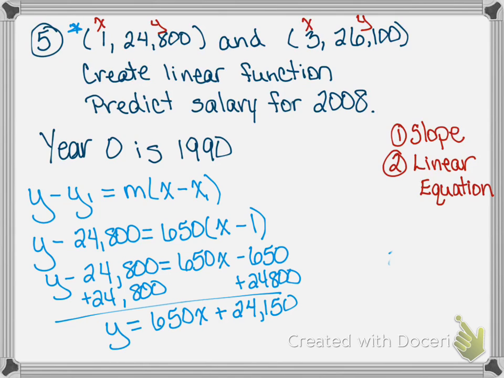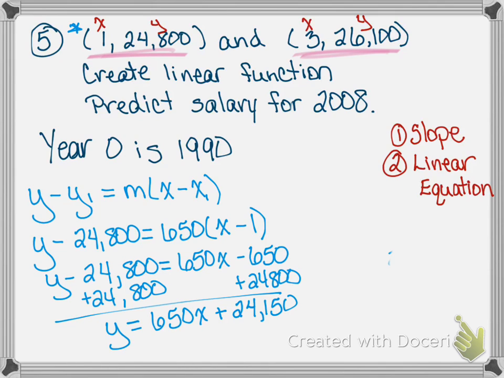This is the linear function using the two data points they told us to use. Some people put 23,500 as the y-intercept, and I get it. I totally understand where you got that from because it says year 0 is 23,500. That's a reasonable leap.